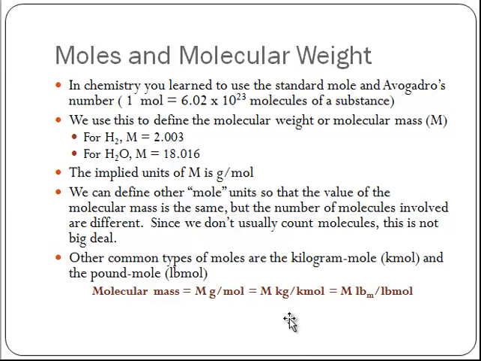So this means that if I'm using kilogram moles, then it's 6.02 times 10 to the 26th molecules of a substance, adding 3 here. But I could also do this for pound mass. So if I have pound mass, it's a pound mole. Now the exact number of these things is a little more complicated because remember, I have 454 grams in a pound mass.